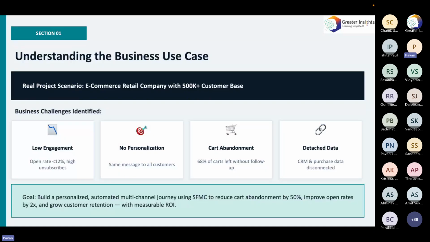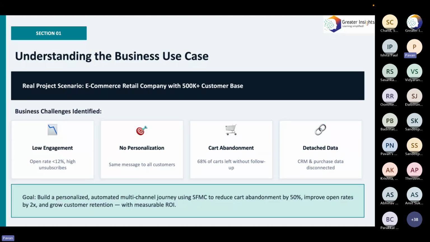Now today in this session, I'm going to give my own experience working in an e-commerce retail company which had about 500K customers. This is a very elaborate example, and that's why we took it to demonstrate here, because when we say retail companies you get a lot of ideas, a lot of use cases.